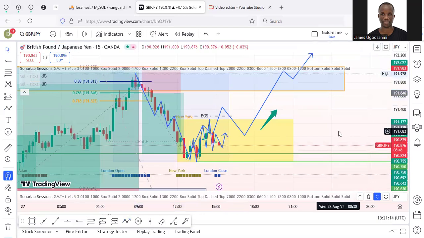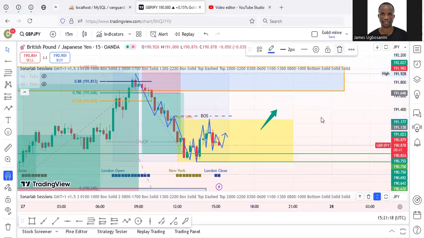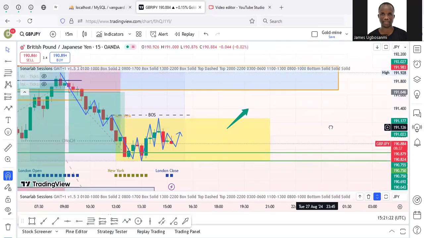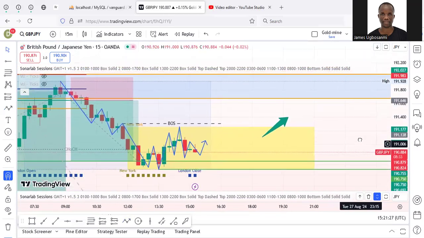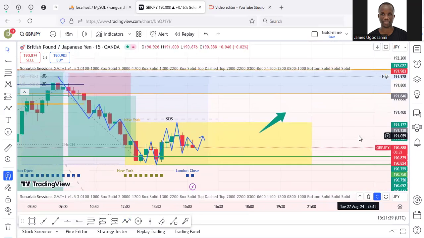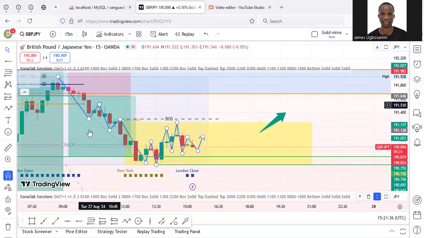I'm zooming in so that you see what is happening with the candlestick. Is it okay with you? Yeah. Okay. Now you see the movement like we're discussing.